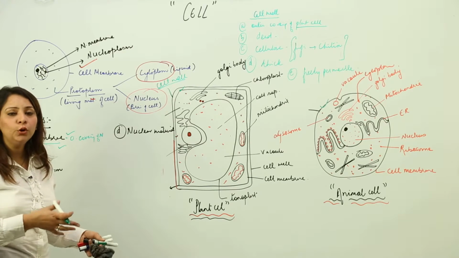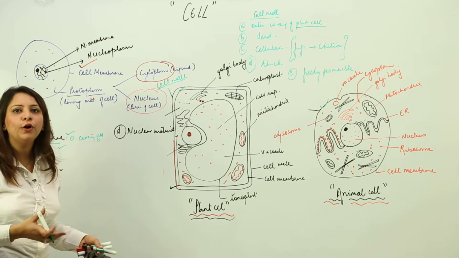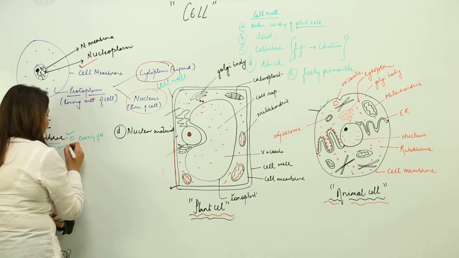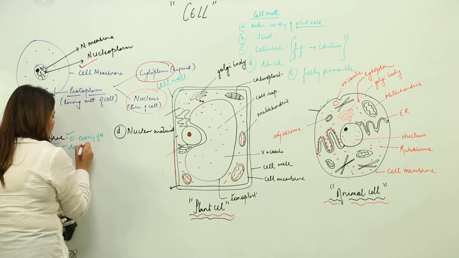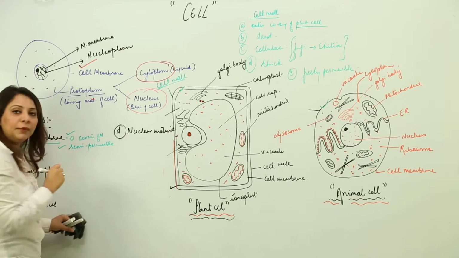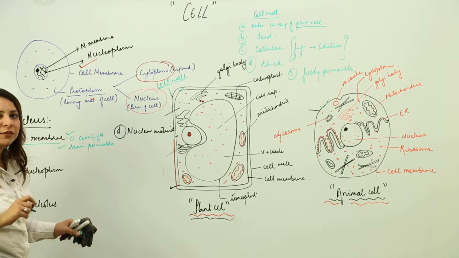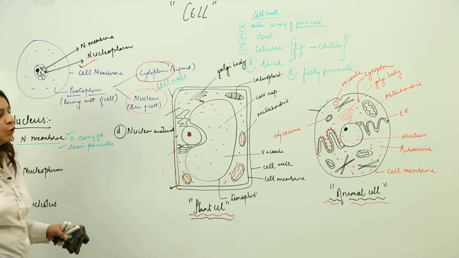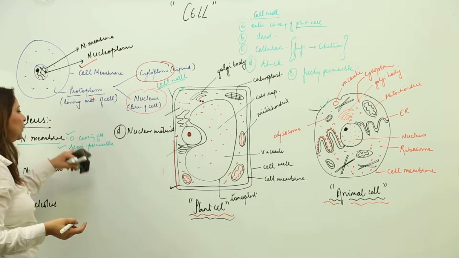And you know that the nuclear material is the main treasure of the cell. For this reason, the nuclear membrane is semi-permeable: it allows only selected substances to pass through, whether from out to in or in to out.